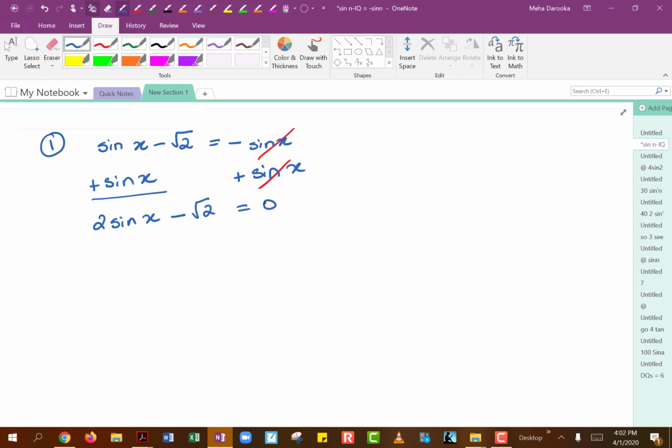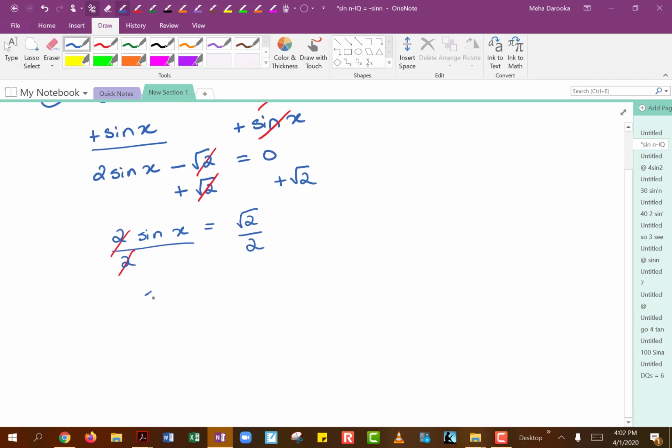Now remember, we're trying to isolate our trigonometric functions, which means we'll go ahead and now move the square root of 2 to the other side. So these guys will cancel out. We are left behind with 2 times sine of x equals positive square root of 2. And then go ahead and divide both sides by 2. So these guys cancel out.